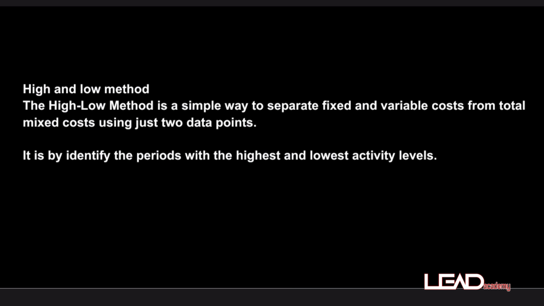So if you have a range of data, let's say costs from 2010 up to 2020, you take the highest data between 2010 and 2020 and the lowest data from 2010 to 2020. So we are using just two data points, the highest one and the lowest one. That is what is used to calculate the high and low method, just as the name implies, the highest data and the lowest data.